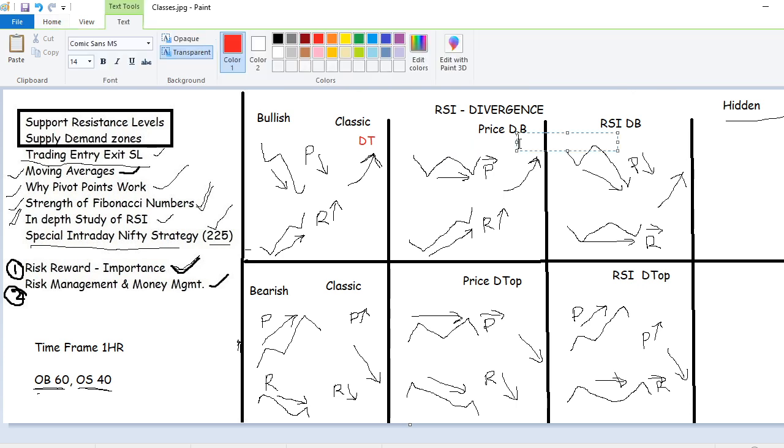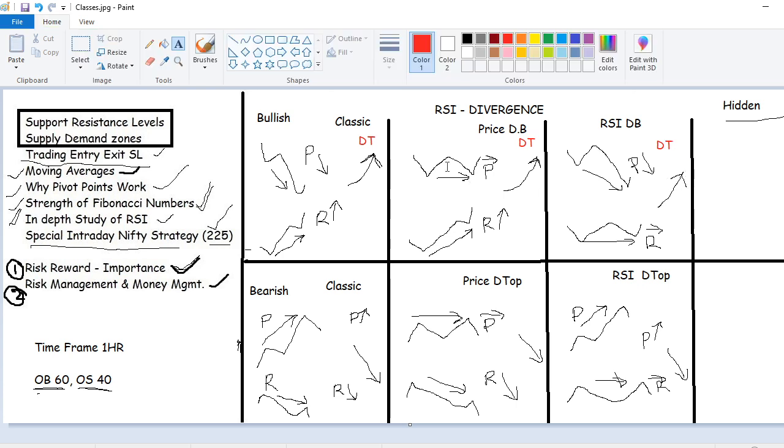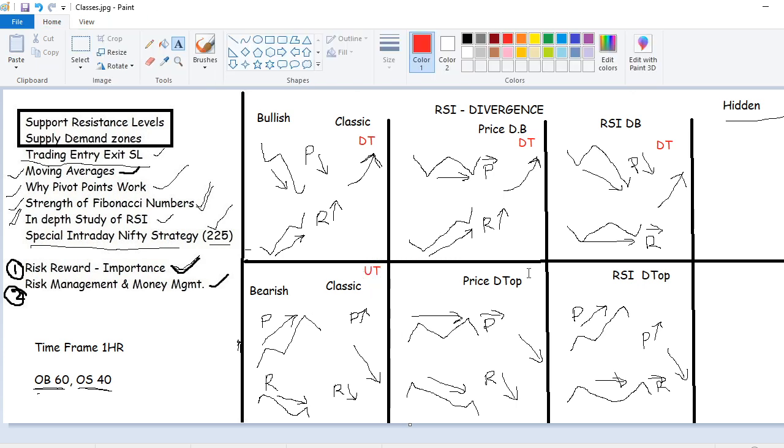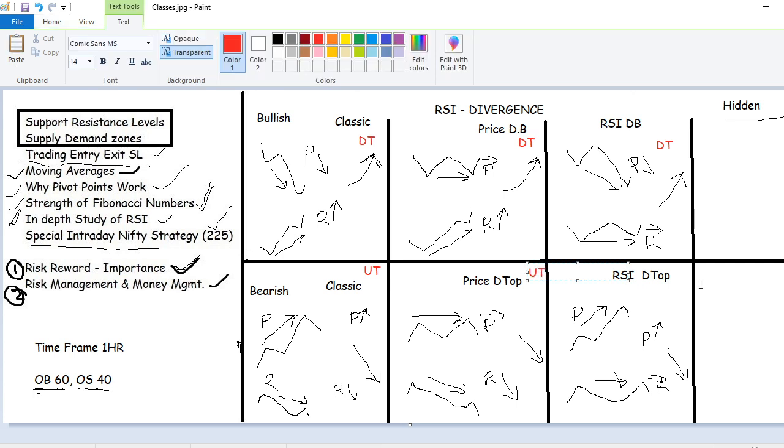Even this one is in a downtrend, because the stock has to be in a downtrend and then take a reversal to the uptrend, and this one we observe in an uptrend. This is also in an uptrend and this one also in an uptrend.